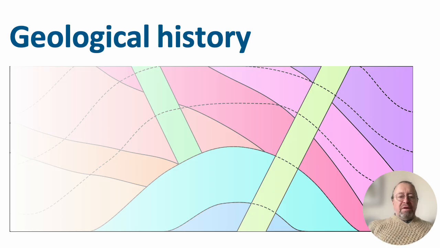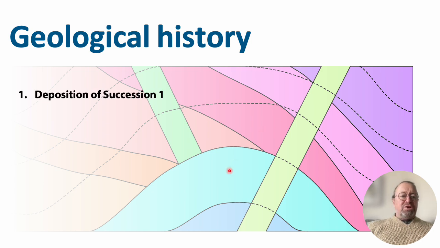So this is an example, a map here with two sets of sedimentary sequences and two igneous bodies. They look like dikes here, and essentially what we can piece together is the deposition of first the older sequence, which would be these colourful pinky purple colours here.